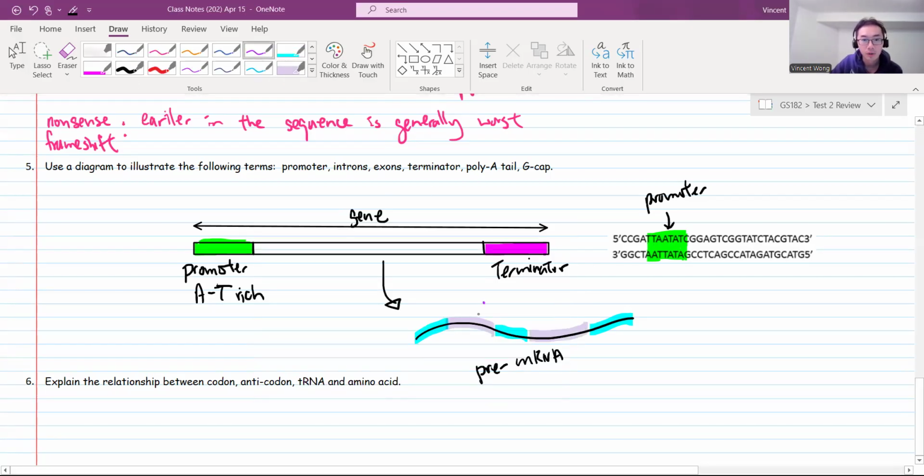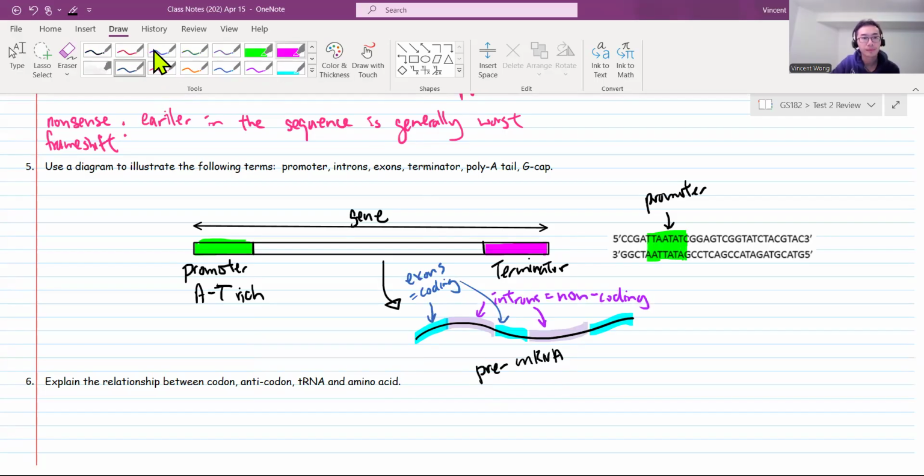The non-coding portions we call introns, which we have to remove. Whereas these blue ones are the exons, which are coding. After the modification, we're going to cut out all the non-coding ones.